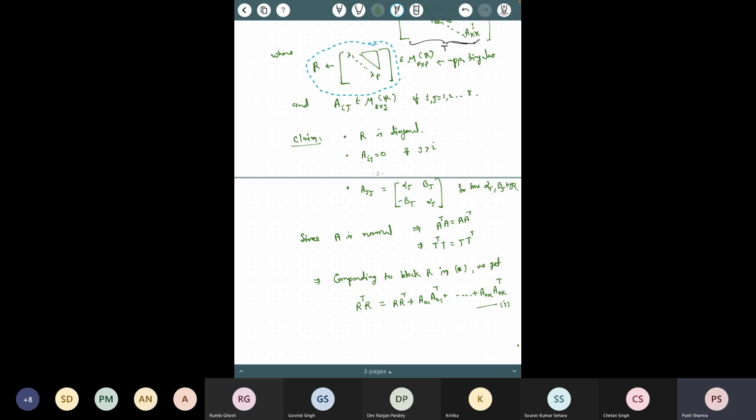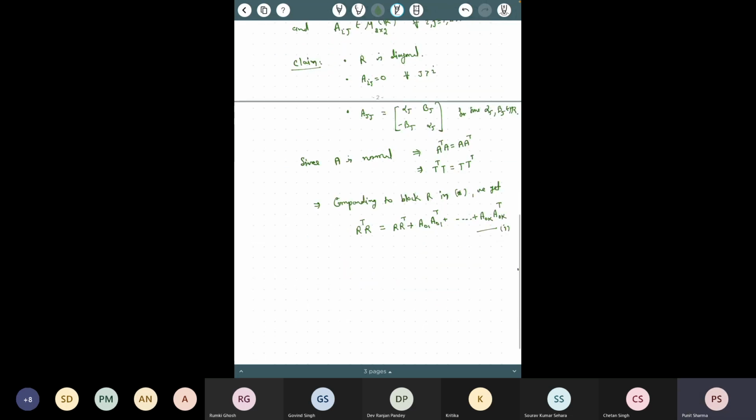So if I just show that R is normal, that means R transpose R equal to RR transpose, then I can say that R is diagonal, because R is given to be upper triangular and this condition implies that R is diagonal. But in order to say that R transpose R equals RR transpose, I need to show that these terms here are 0.